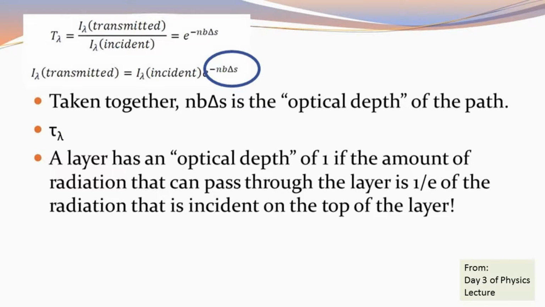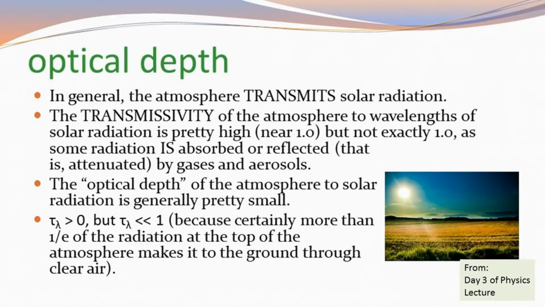If the optical depth is infinite, then none of the radiation makes it through that layer. And if it's somewhere in between, then some fractional amount of the radiation makes it through. It's kind of related to how half-lives work when you're talking about radioactivity. It's defined so that an optical depth of 1 means that only 1 over e of the radiation that is incident upon the top of the layer makes it through the layer.